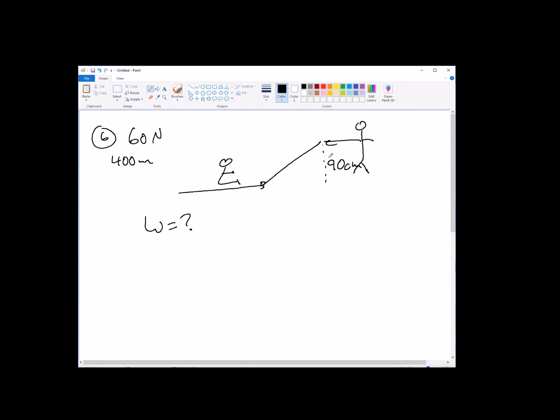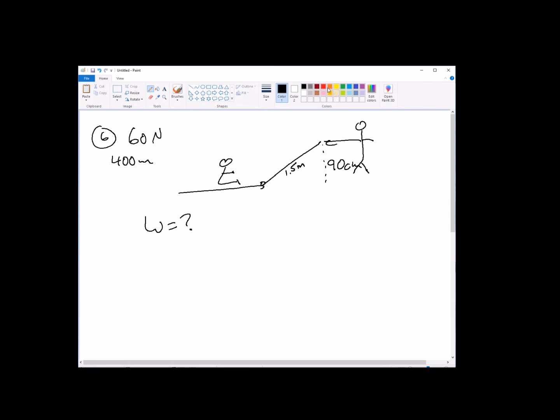Now, if we know that this is 90 centimeters, and we know that, what else do we know? Oh, it doesn't say in the question, but in the picture it gives us that this is 1.5 meters. Tells us that the length of the rope is 1.5 meters.